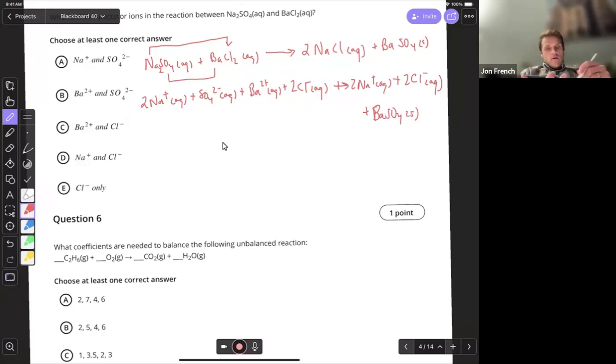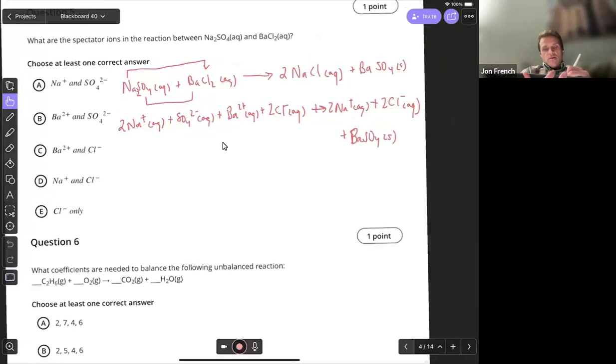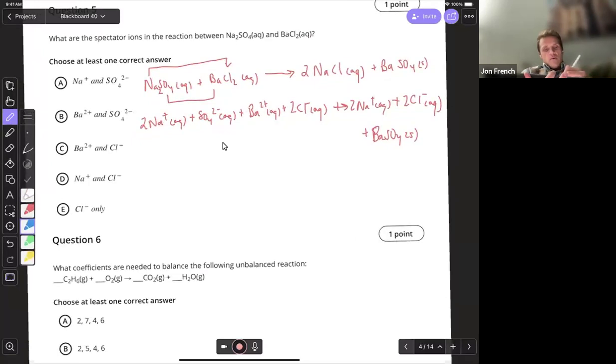To get our net ionic equation, we eliminate our spectator ions. Our spectator ions go through this unchanged. I guess we can't read that here. What are the spectator ions for this reaction? Sodium is the same on both sides. And if we look, chloride is also the same on both sides.